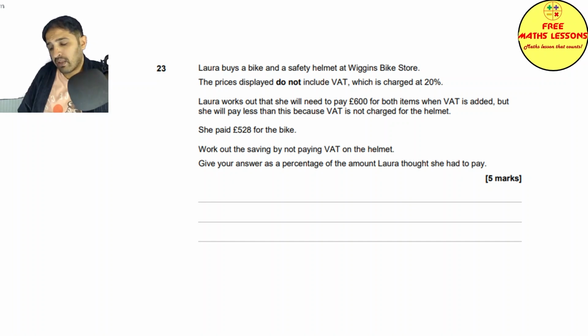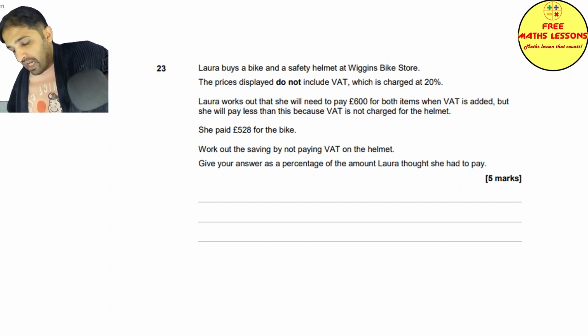Laura works out that she will need to pay 600 for both items when VAT is added, but she will pay less than this because VAT is not charged for the helmet. She paid £528 for the bike. Work out the saving by not paying VAT on the helmet.